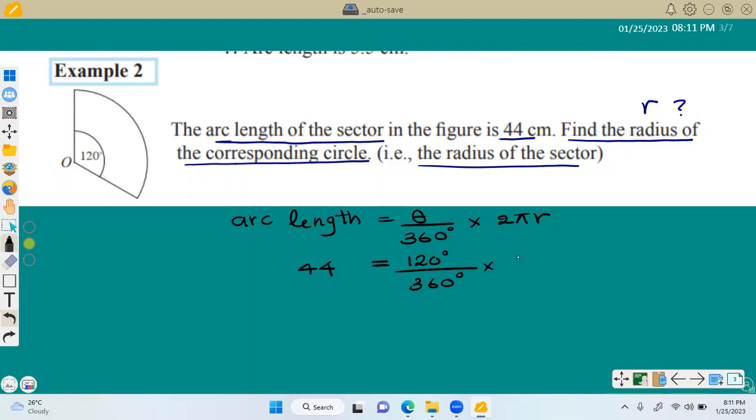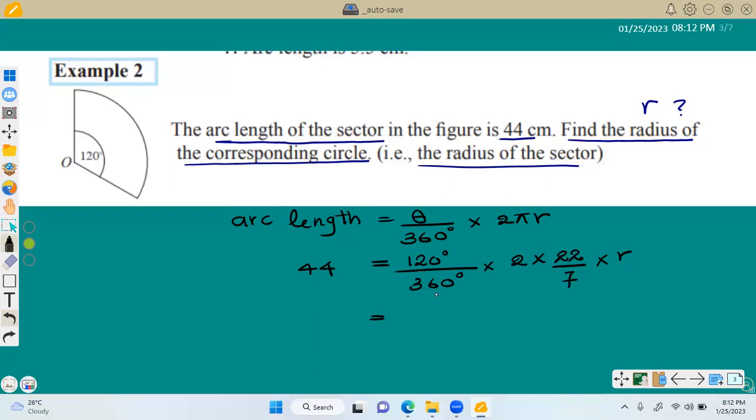Into 2 multiplied by π, which is substituted by 22 upon 7, times r. Now you have to find the r. To find the r, you have to make the r alone on this side. To do that, you have to take all denominator values to the numerator of the other side and the numerator values to the denominator of the other side.